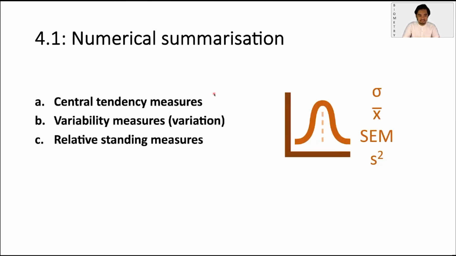There are three types: the central tendency measures, the variability measures, where you measure the variations, and the relative standing measures. This nomenclature may be quite strange to you, but I will explain what kind of analysis belongs to which category.